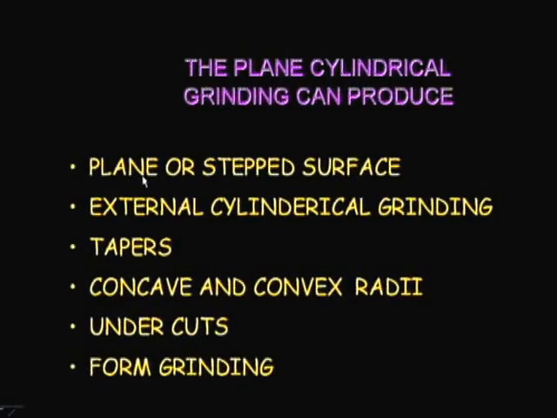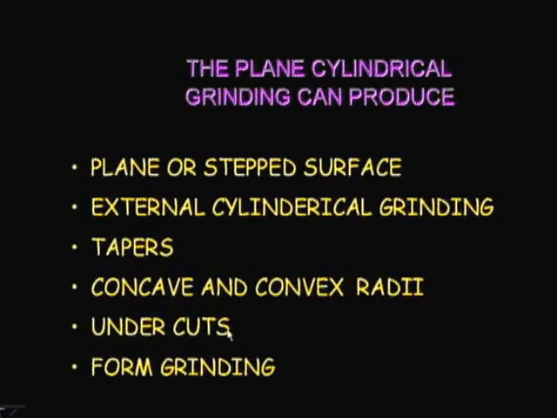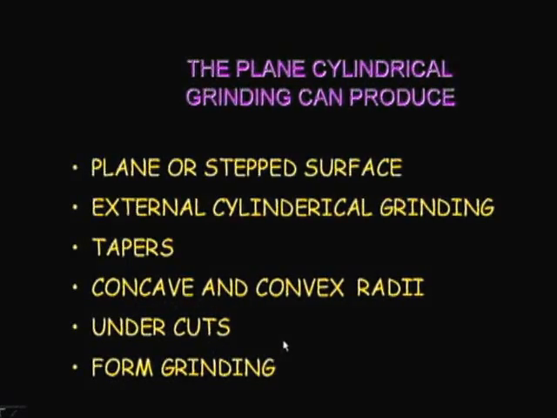So, either plane surface or stepped surface can be ground. External cylindrical grinding can be done. Tapered grinding can be done. Concave and convex radii, that is the plural form of radius, can be done. Undercuts, form grinding, whatever the types of forms, either convex or concave or profile or jig type, different types of things can be made here.